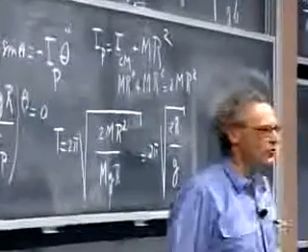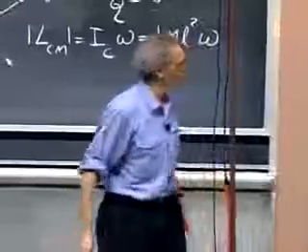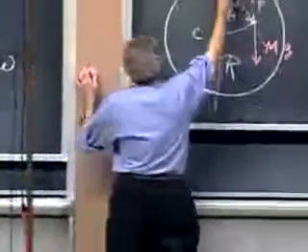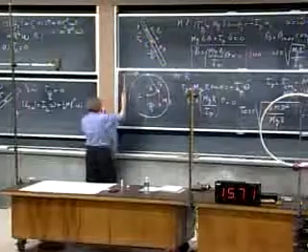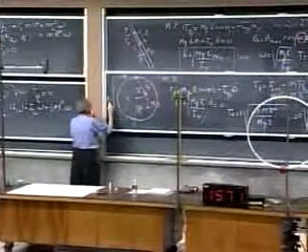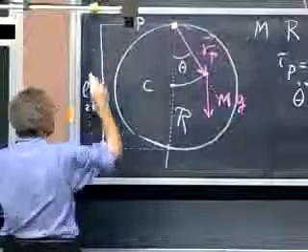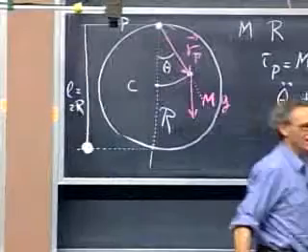And that is a cute result. Because if I had a pendulum, and the pendulum had a length L, which is 2r, and I put all the mass at the end of the pendulum, and the string has no mass, I would have found exactly the same result.